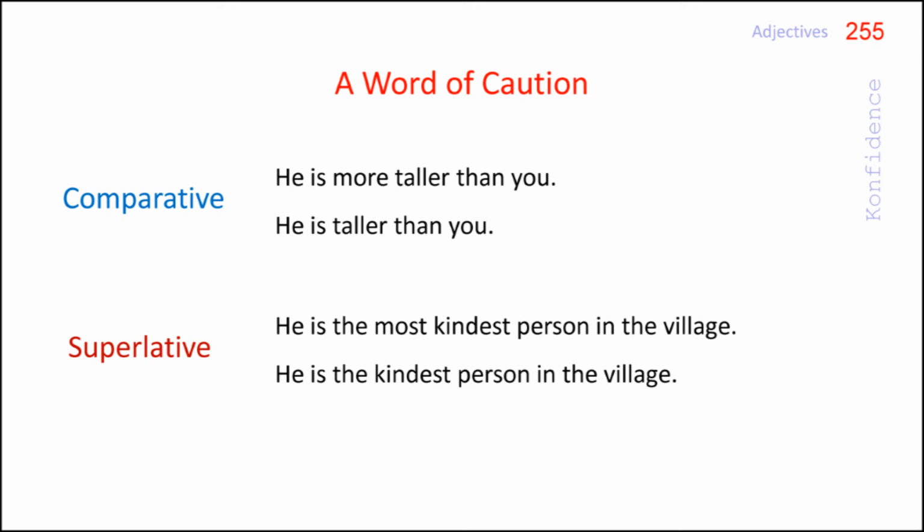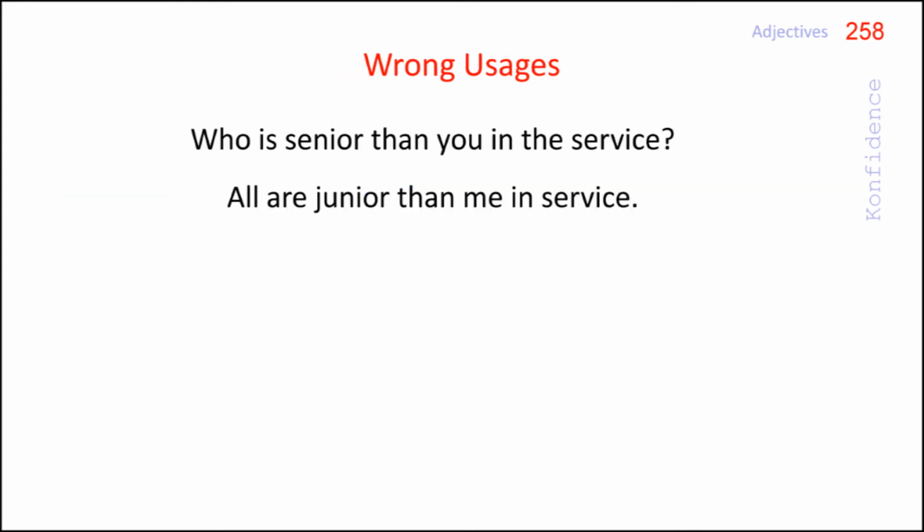These types of errors are common among the beginners. What are the errors in these sentences? Double comparatives, more taller, and double superlatives, most kindest, are used respectively. This should be avoided.